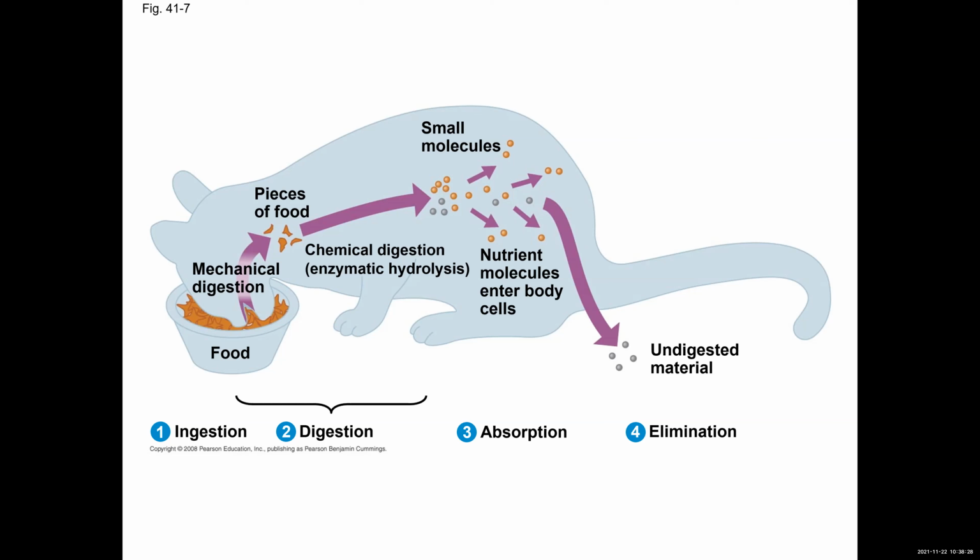When we think about what enzymes do, remember that each enzyme has one job that it's able to do. It has a specific substrate that it is going to attach to and be able to do one chemical reaction.